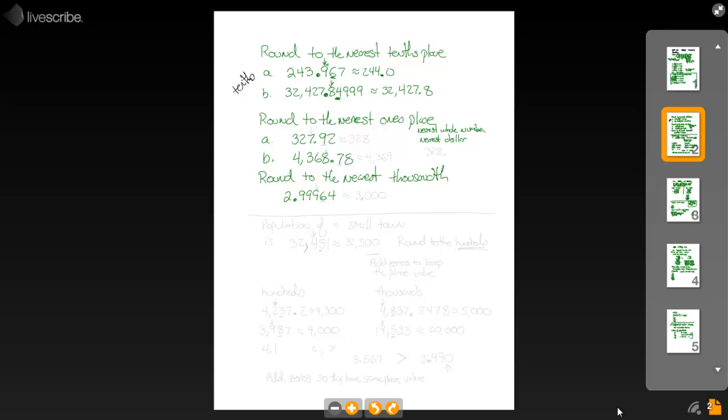It's sometimes called the units place. I don't hear that one as much. So ones, whole number, nearest dollar. I'll just think if I remember any other ones. But those seem like the common ones.